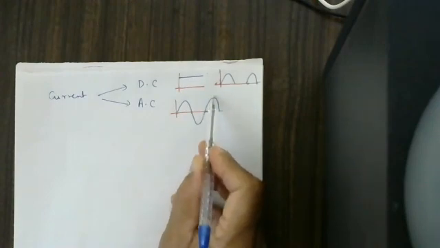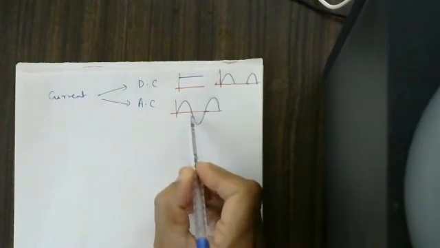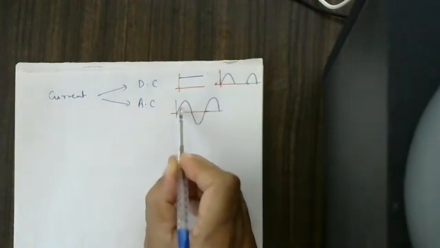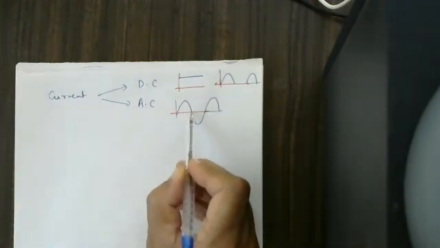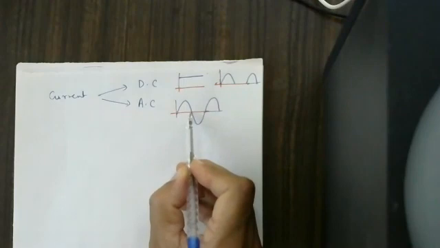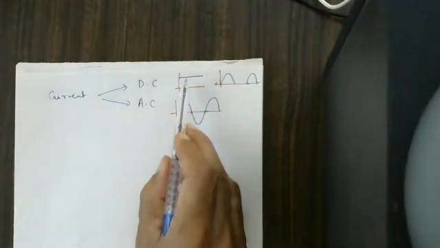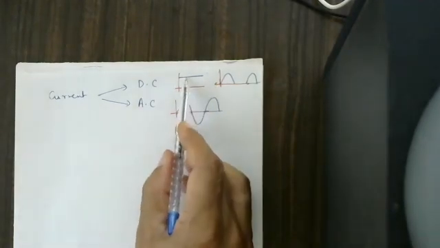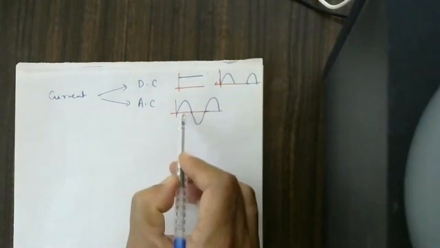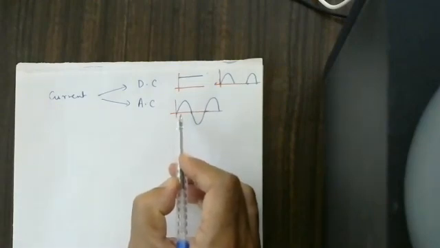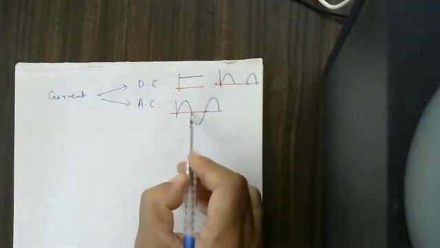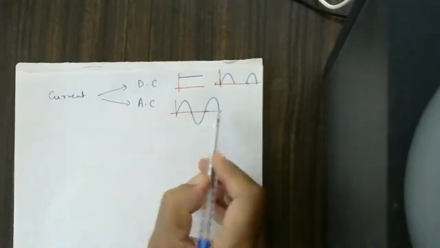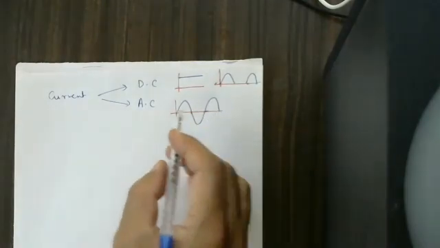Again it reverses direction, increasing and decreasing, reaching a maximum, then decreasing. Here in DC the direction is constant and never changes, but in AC the direction changes every half cycle. The polarity keeps changing.